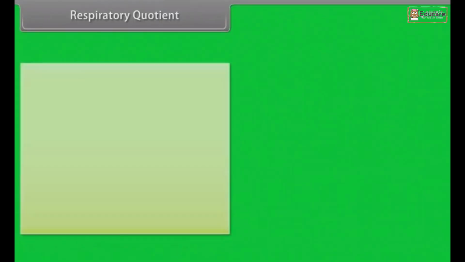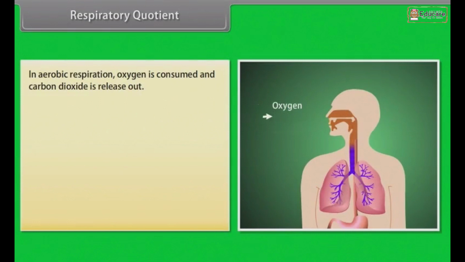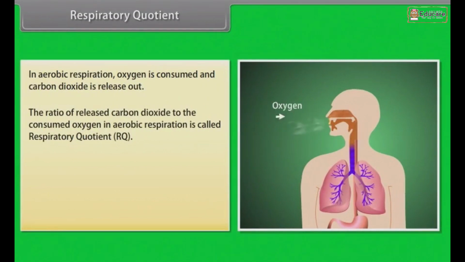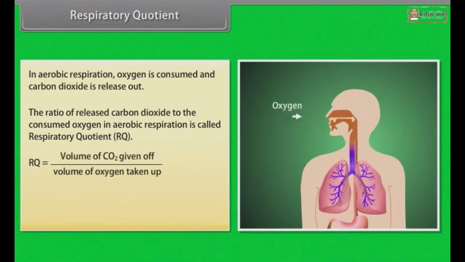Respiratory quotient. In aerobic respiration, oxygen is consumed and carbon dioxide is released. The ratio of released carbon dioxide to the consumed oxygen in aerobic respiration is called the respiratory quotient. RQ is equal to the volume of CO2 given off upon the volume of oxygen taken up.